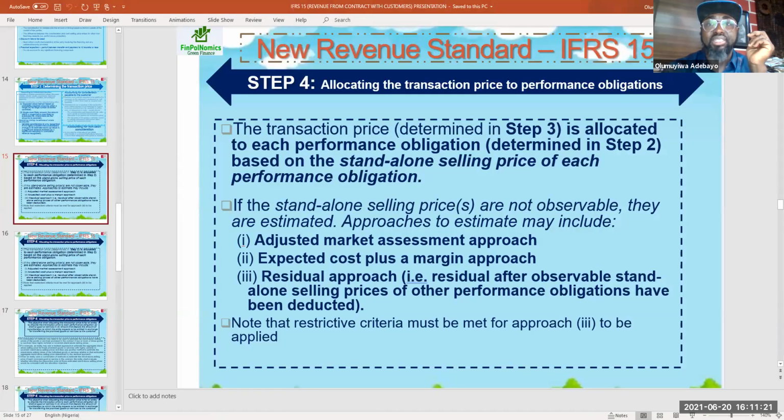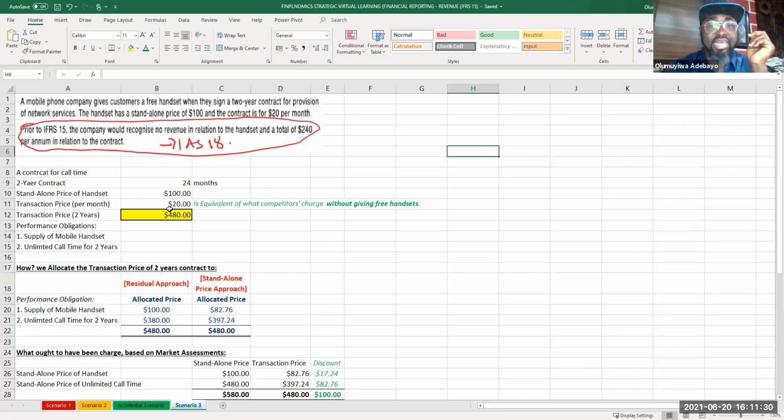with the information I have in my Excel model, let me go back to the Excel model, with respect to the fact that I have information that says that the $20 is what may have been charged in the market.